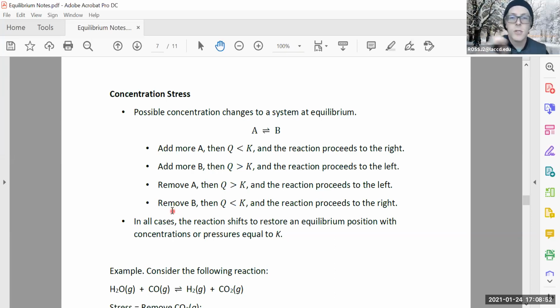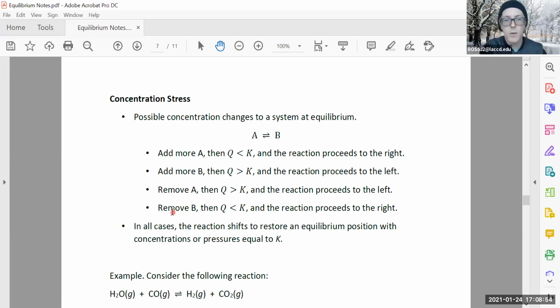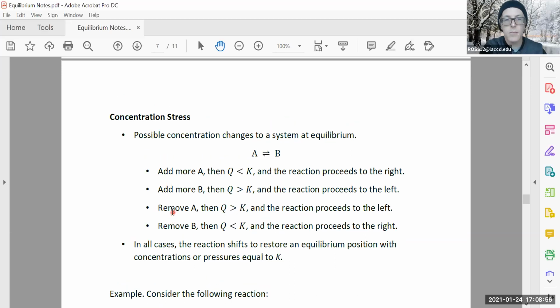Just so it's clear about this Q and K, I would definitely encourage you to have the idea of Q in mind.